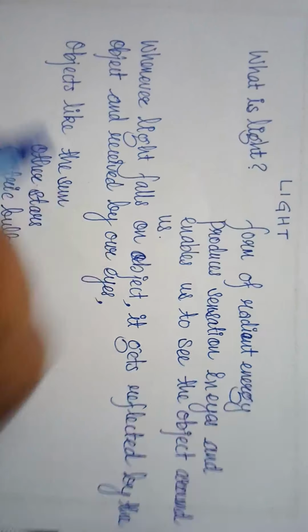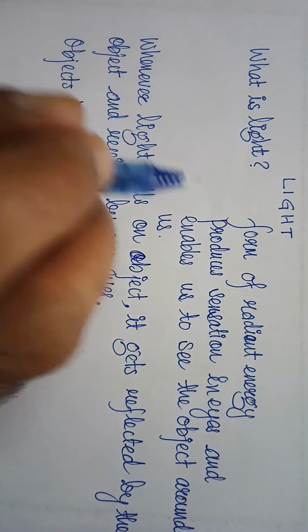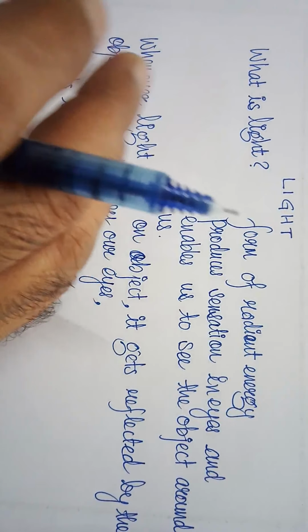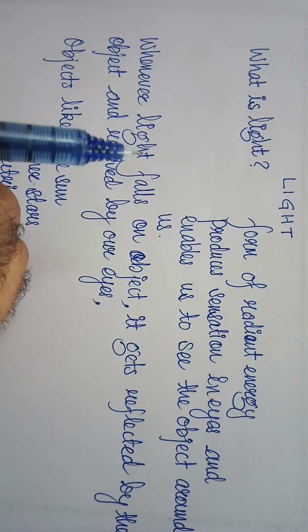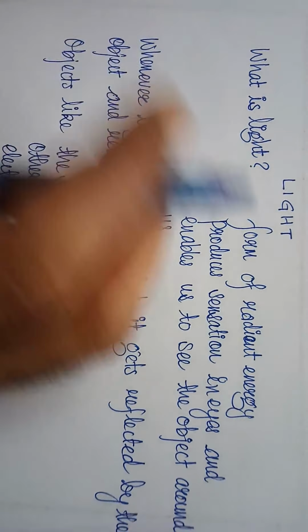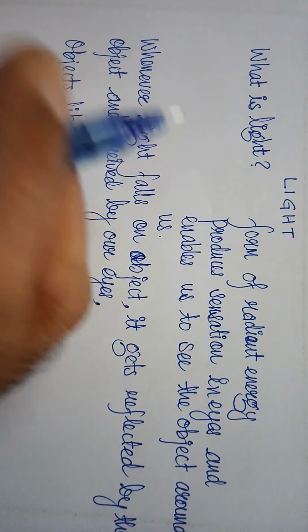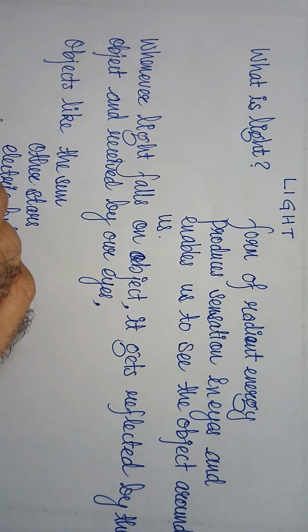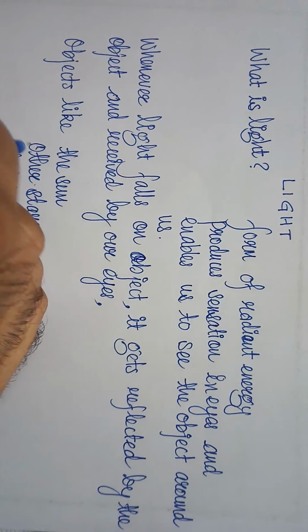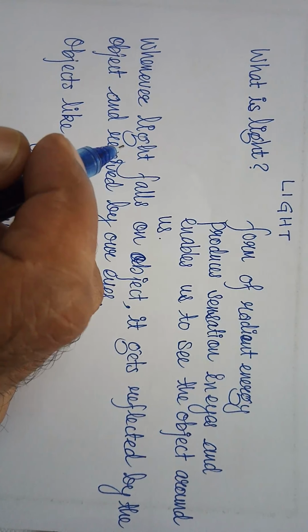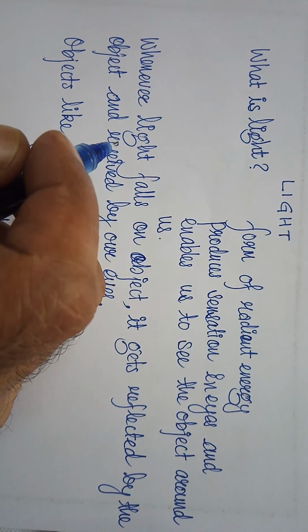Today we will discuss the reflection of light. First of all, we have to discuss what light is. As you know, it is a form of energy by which we are able to see the things around us. And it is light which makes us see our image in a mirror.